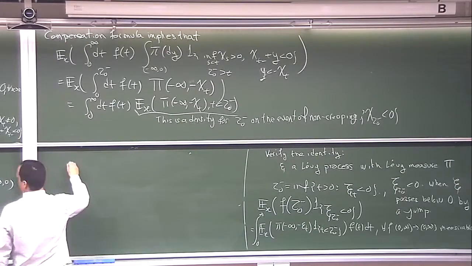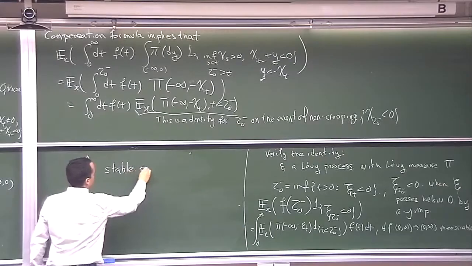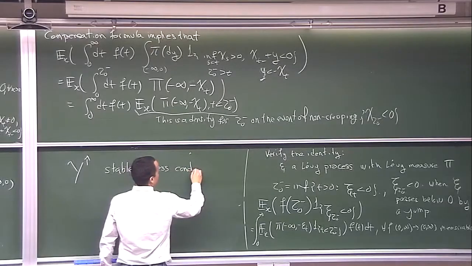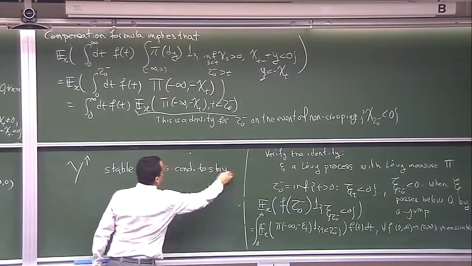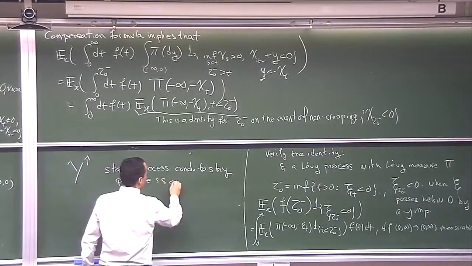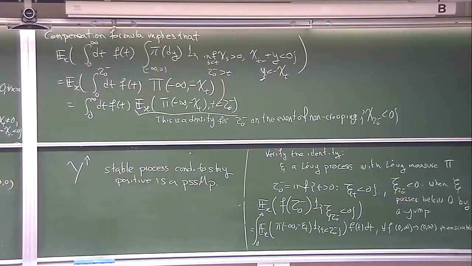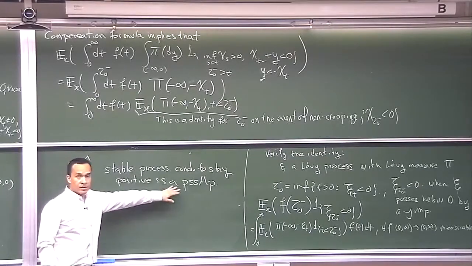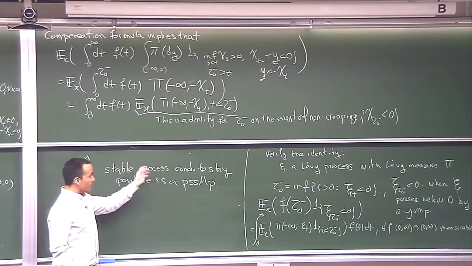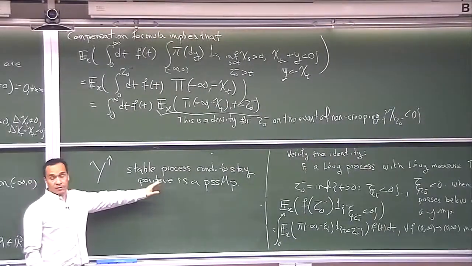I claim that Y upper rho, which is the stable process conditioned to stay positive, is a positive self-similar Markov process, and you can check it using the density. Once you see the density of the two processes, you can easily check that the scaling property is not perturbed by that. You can also check it with the limit definition.